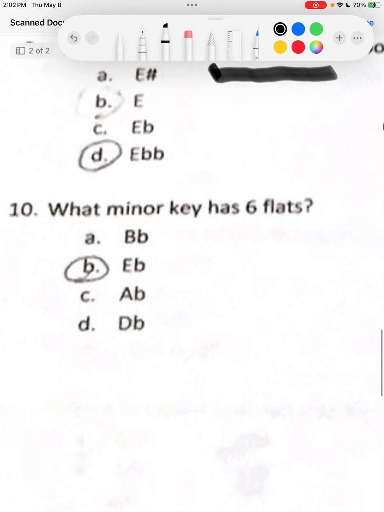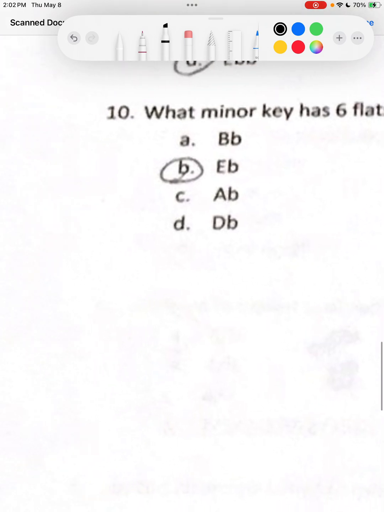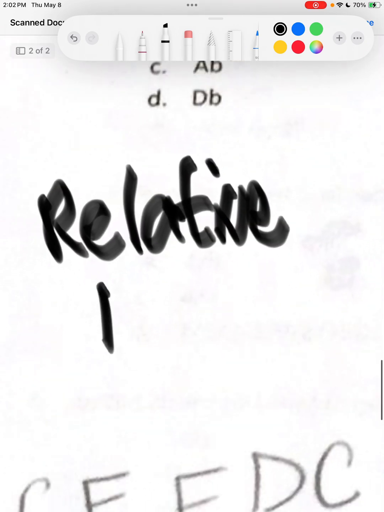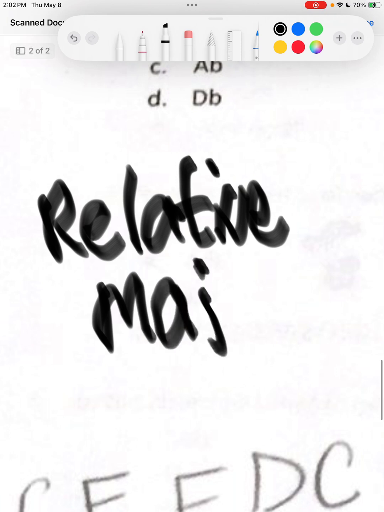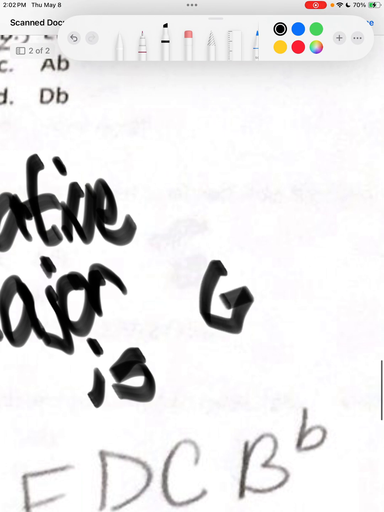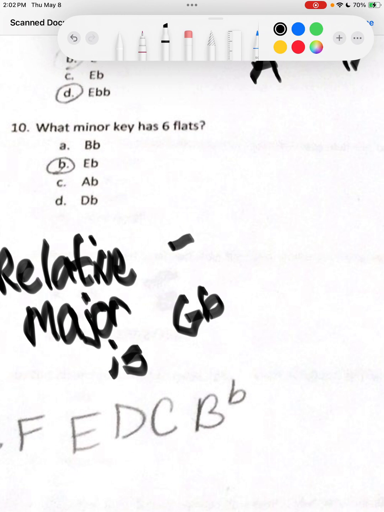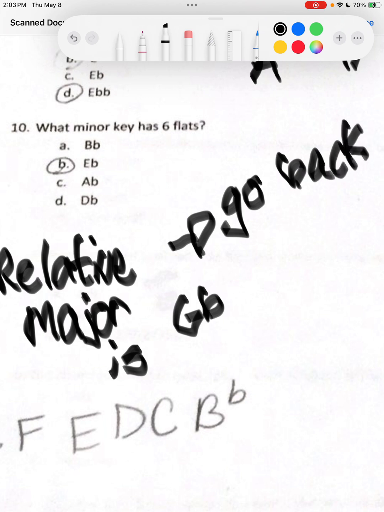Which key has 6 flats? Minor key. Okay. I would agree, yeah, because the relative major, based on the question, is G flat. But my trick has to go back to count. So to figure this out, you have to go back two half steps.